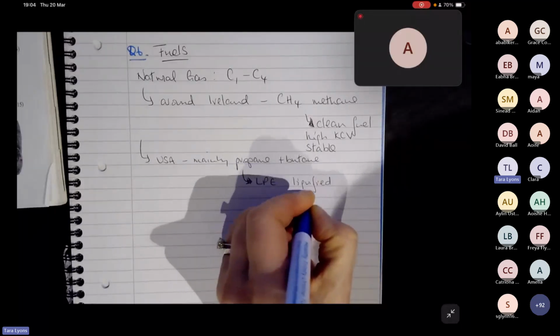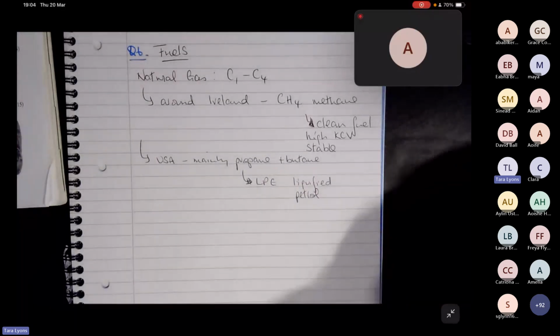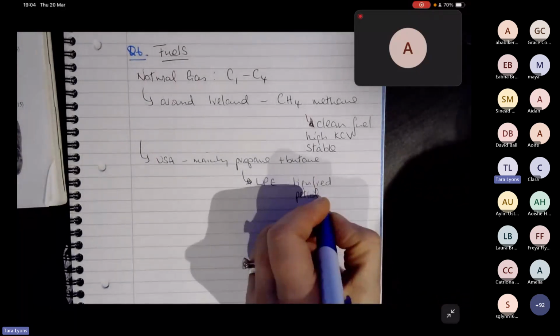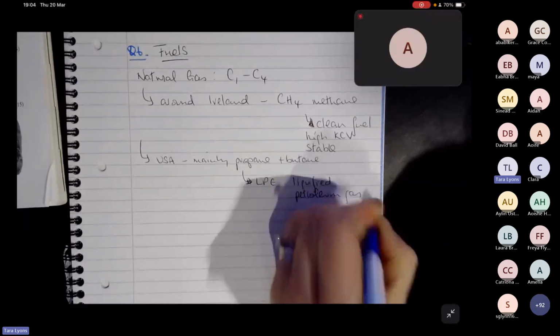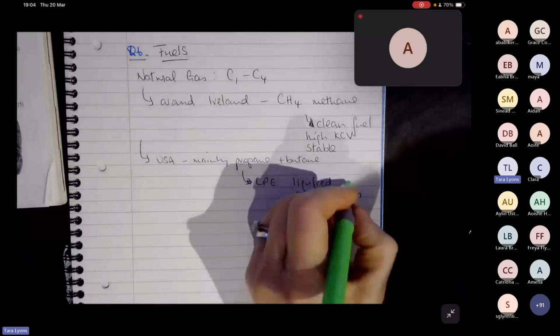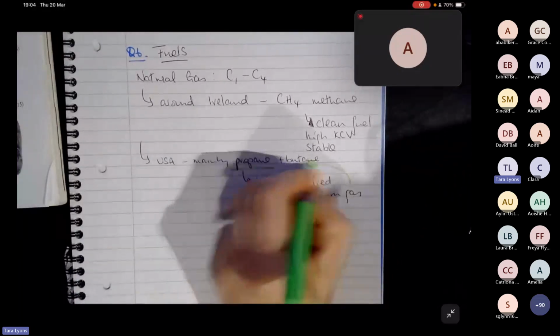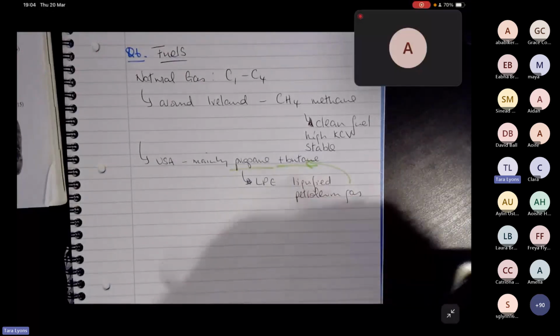And if we go back in time, they have asked you what do the letters LPG stand for. So liquefied petroleum gas. And if they ask you what are the main components of liquefied petroleum gas, well, you're going to go propane and butane. And as I said, they have asked that question quite often.